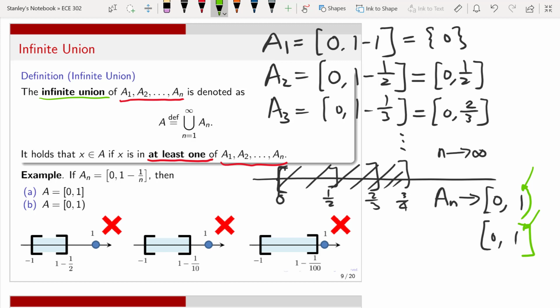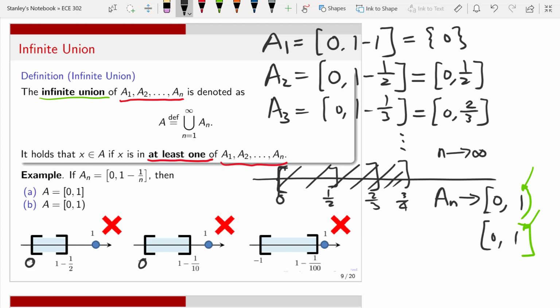So you can check. Let's say this is 1, and you can see that here you have a 1. Is 1 living here? Well, the 1 is actually living outside this set. So it's not true. So 1 is not inside A2.